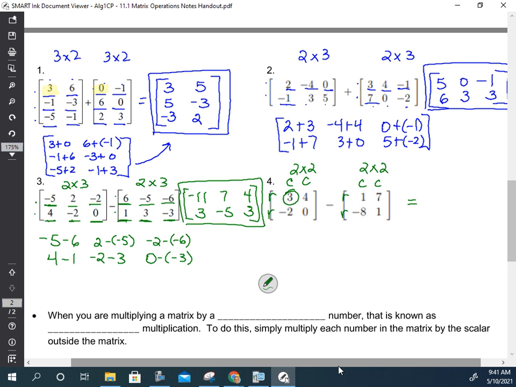So 3 minus 1. That gives us 2. 4 minus 7, negative 3. Negative 2 minus negative 8, 6. 0 minus 1, negative 1.